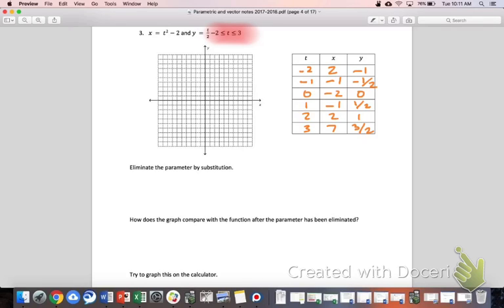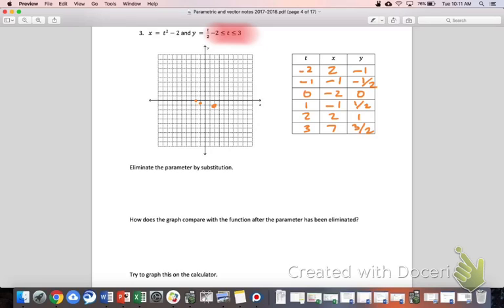All right. So from a graphing perspective, let's see here. Negative 1, negative 1/2, right there. And then negative 2, 0 is right there.